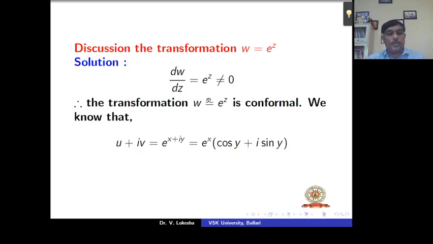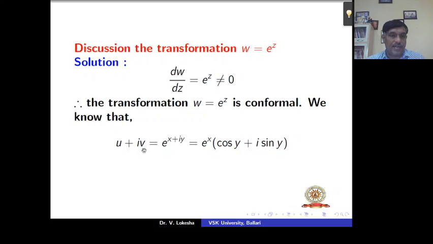Now we will substitute the given function w is equal to u plus iv. W is a function of u and v and z is x plus iy, meaning it is a mapping from the z plane to the w plane.